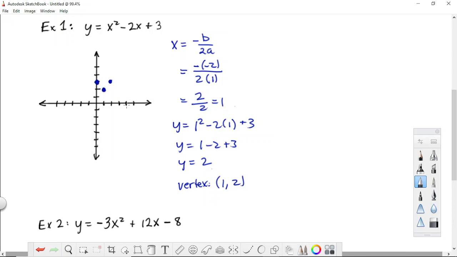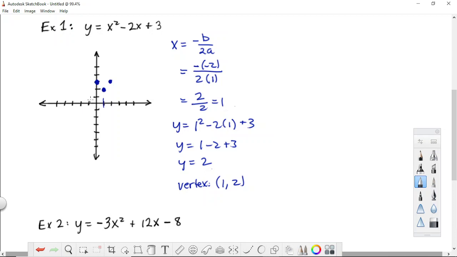And if you want more accuracy, you could go ahead and plug in 4, let's say, a couple over, and then see on the left, so that would be a total of 1, 2, 3 from the vertex itself, right? If here's the vertex at 1, so 1, 2, 3 gets us to 4, so you would go to the left from there, 1, 2, 3, and plug that in, 2.